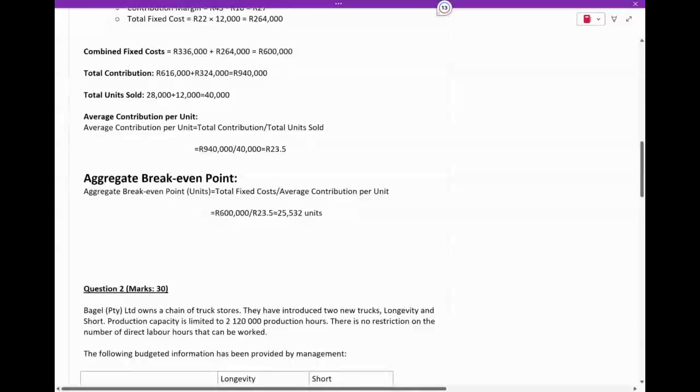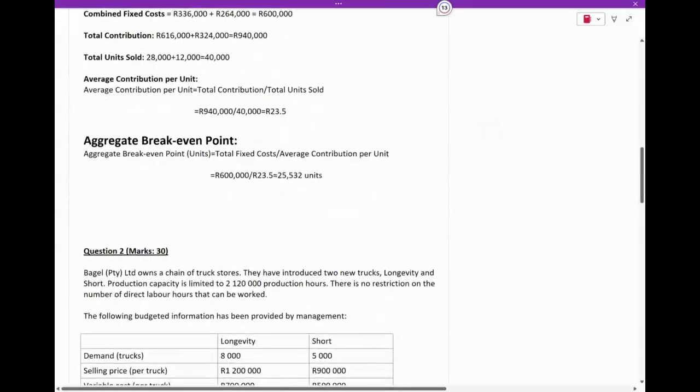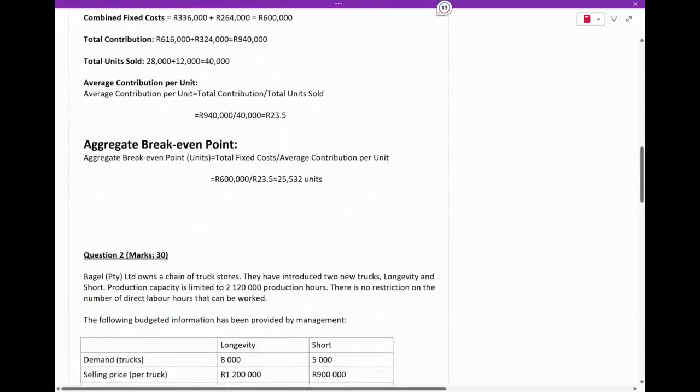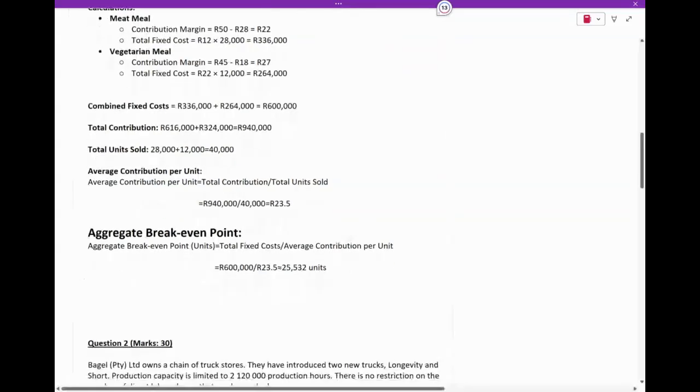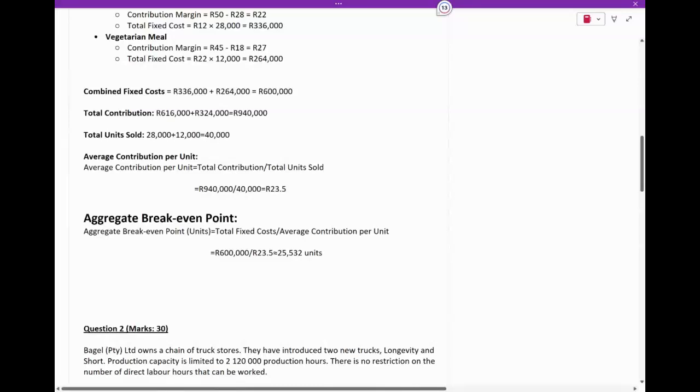So here we've got our combined fixed cost of 600,000. Then we want to get our total contribution. So we basically take your 22 Rand and multiply it by the 28,000 units to get the total contribution there. And then likewise for vegetarian meals, then our total contribution is obviously that 940,000.